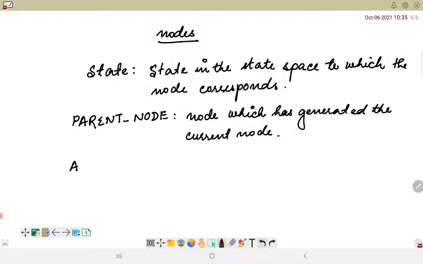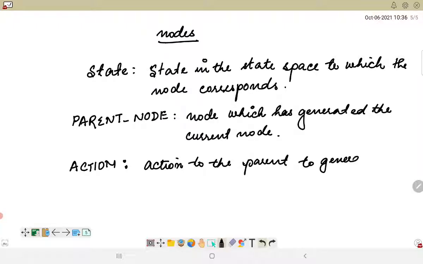The next one is the action, and the action represents the action that was applied to the parent to generate the node.